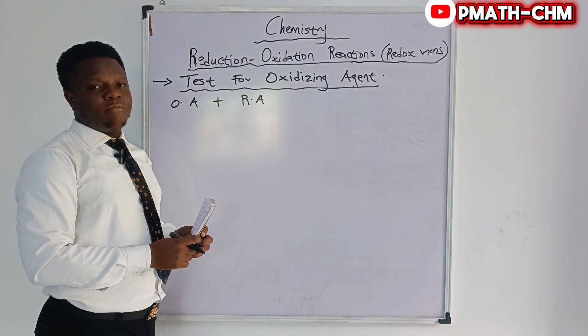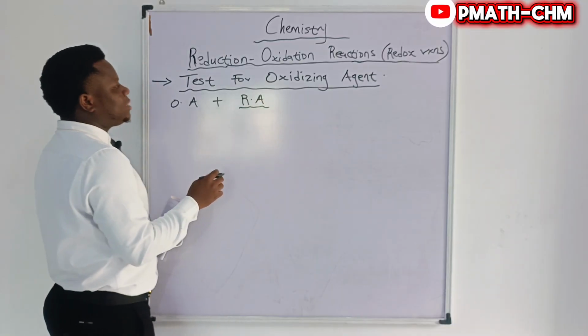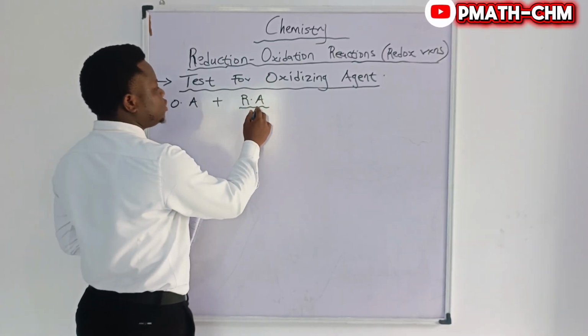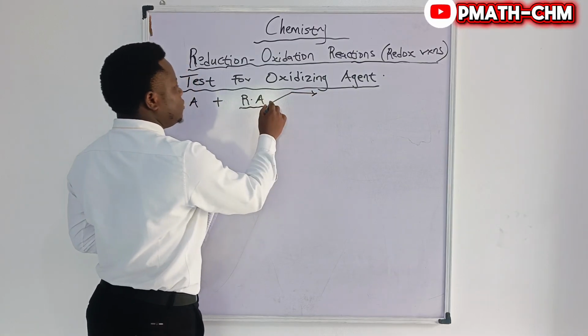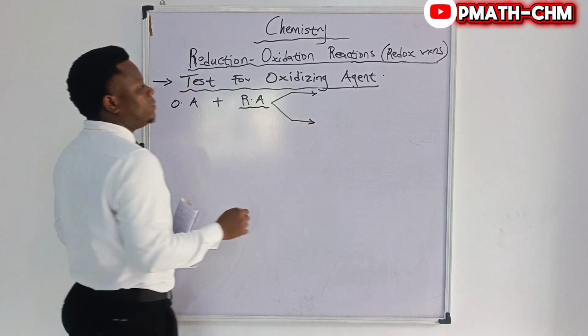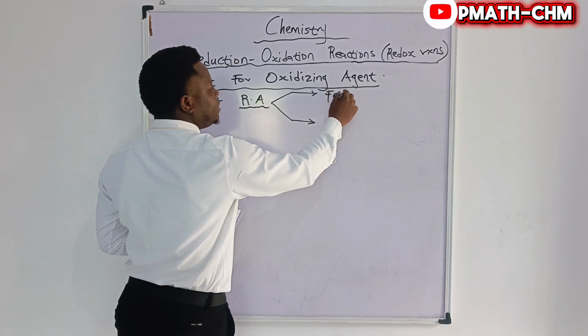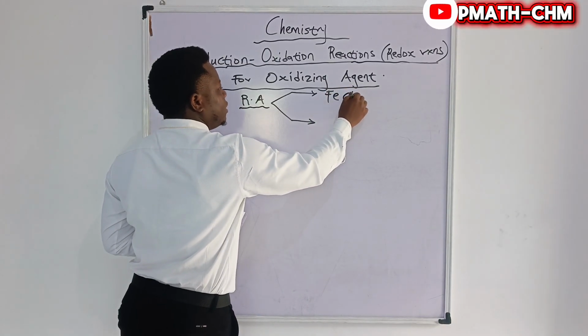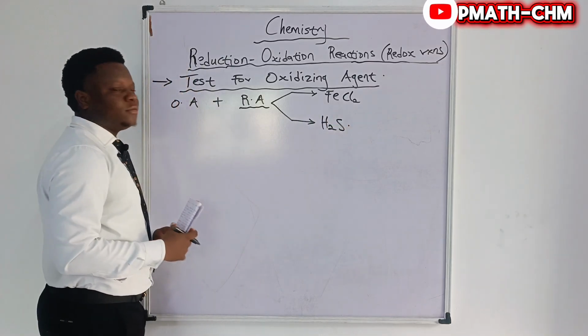That's what we do in chemistry. The reducing agents we use to test for oxidizing agents, there are actually 2. These are the reducing agents you can make use of to test for oxidizing agents. You can make use of iron 2 chloride, which is FeCl2, or you can make use of hydrogen sulfide.